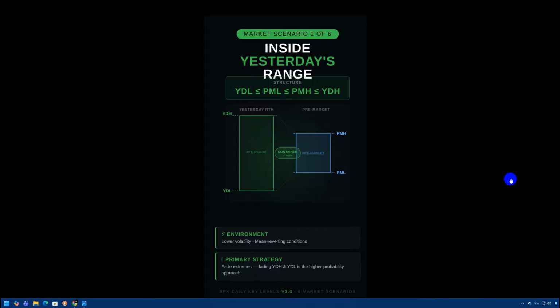Oftentimes you can see follow through from that breakout with volume confirmation, a significant move in either direction. But in a lot of sessions, it's just going to oscillate between PMH and PML, or YDH and YDL, for a lower volatility, mean reverting day.